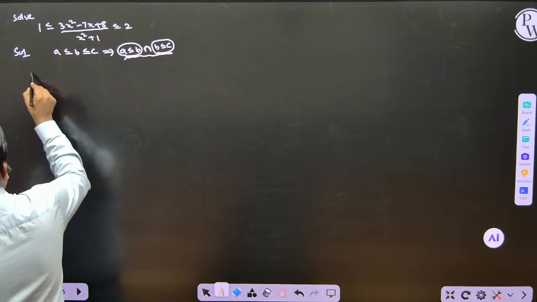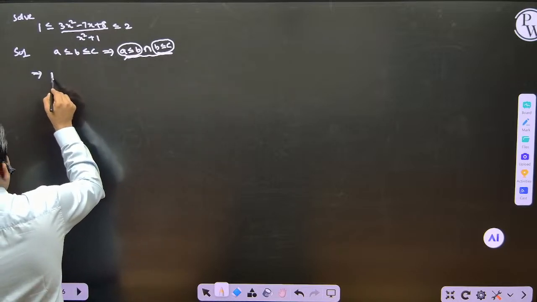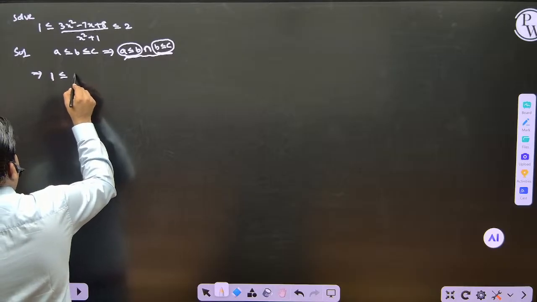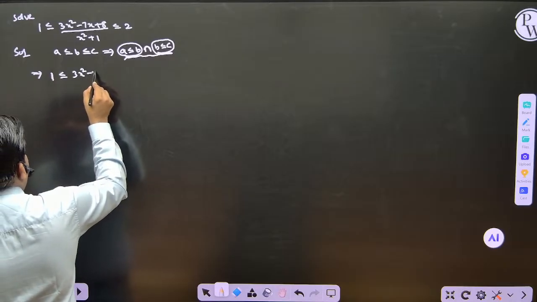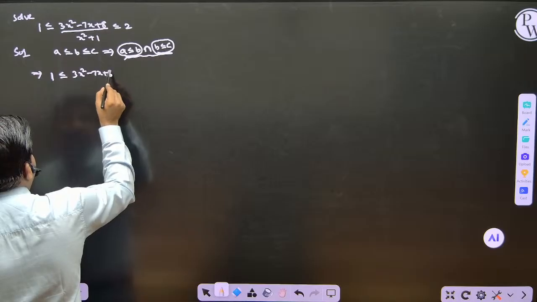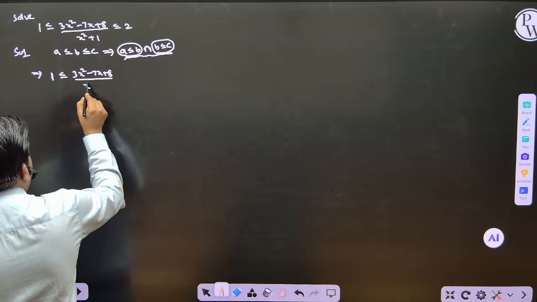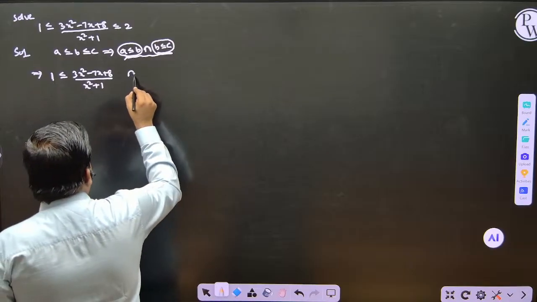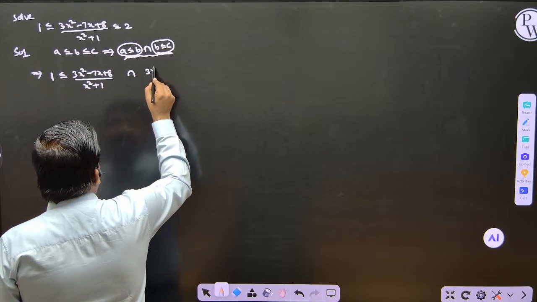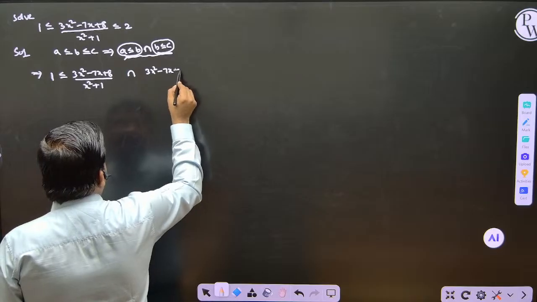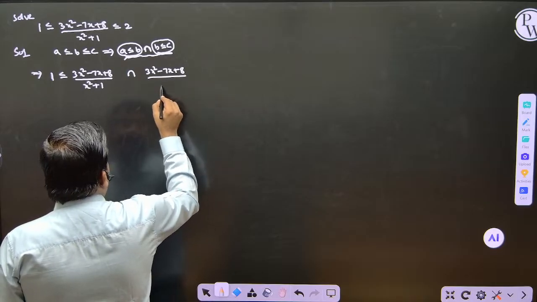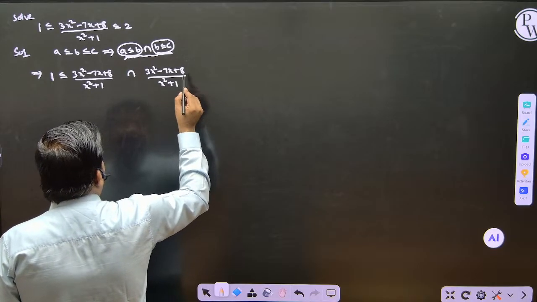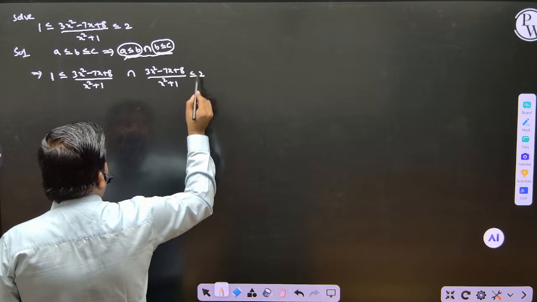Now how do I split this one? 1 less than or equal to 3x square minus 7x plus 8 by x square plus 1, and 3x square minus 7x plus 8 by x square plus 1 less than or equal to 2.